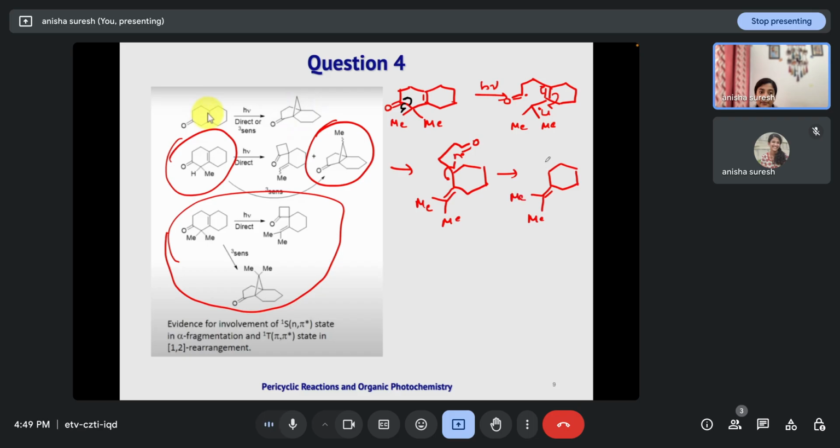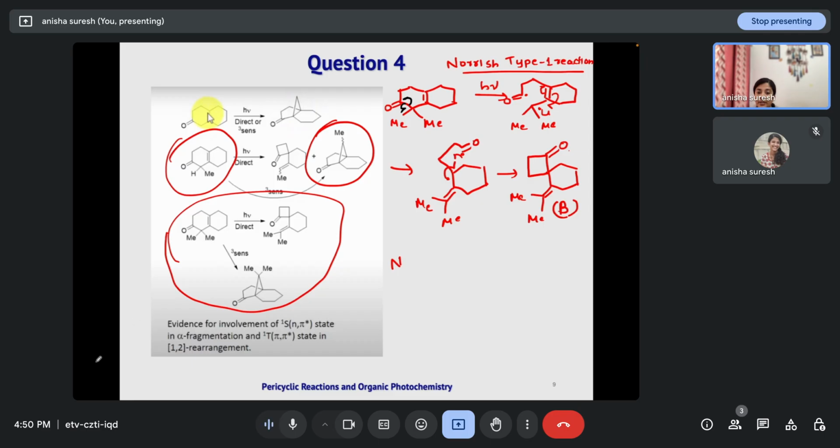Me, Me. So this is how the first product is forming. This is how product B is forming. So this is an example of a Norrish type 1 reaction.